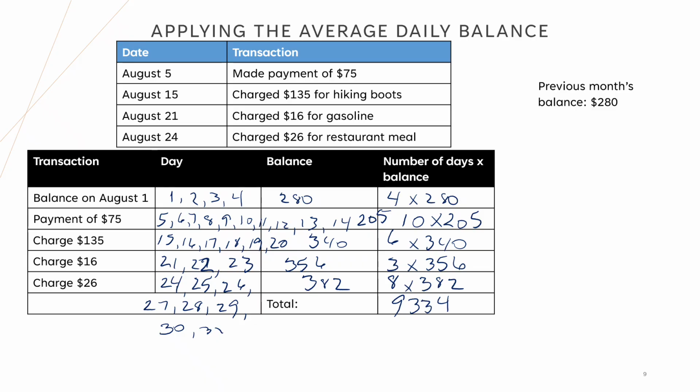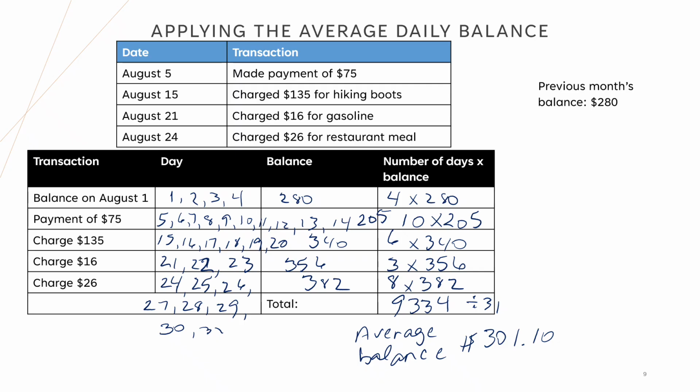But when we divide that by 31, that's going to give us the average balance that we carried throughout the month. So our average balance is going to be $301.10.